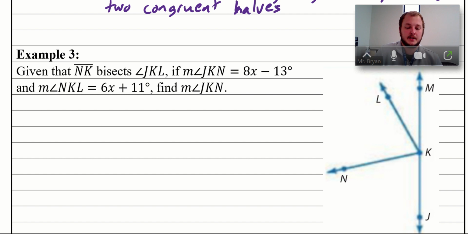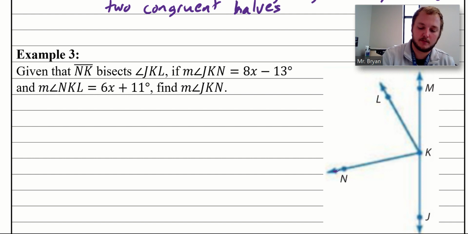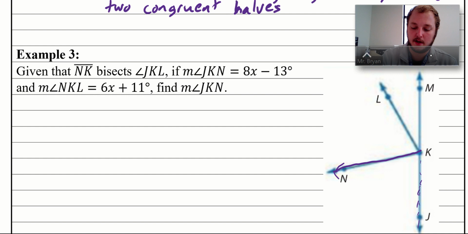Okay, so last thing here, given that KN bisects angle JKL, so I'm going to mark that here, JKL. Okay, it bisects that. If measure of angle JKN is 8x minus 3, and measure of angle NKL is 6x plus 11, find the measure of angle JKN.